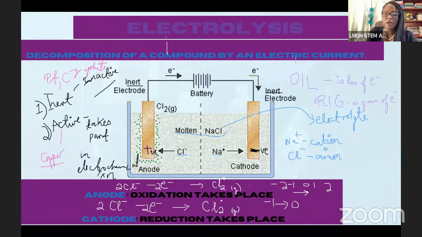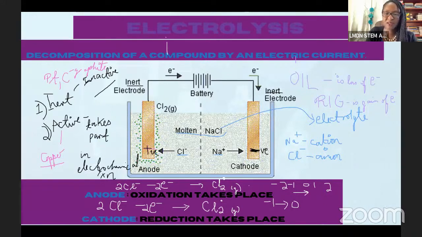All right. So similarly, we can take a similar approach for the cathode. As I mentioned earlier, at the cathode, we have our cation that is moving towards the cathode. The cation is positively charged and opposites attract. So that means that the cathode is negatively charged, right?